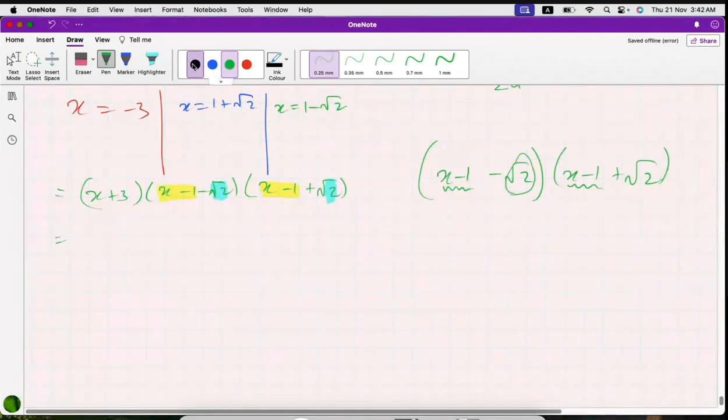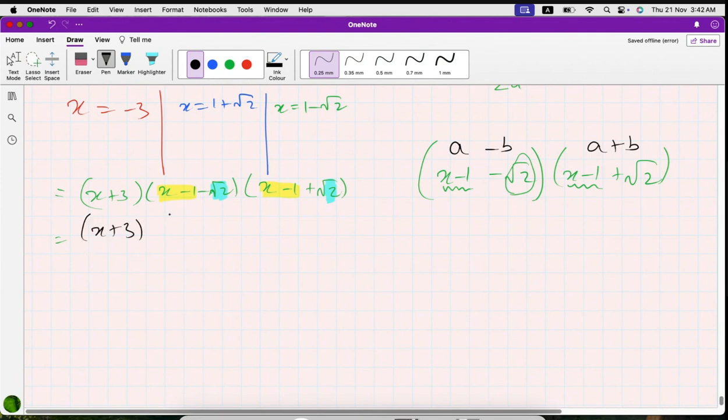May I think of this as a minus b into a plus b? Yes. So x plus 3 is there, so a minus b into a plus b is actually a square minus b square.